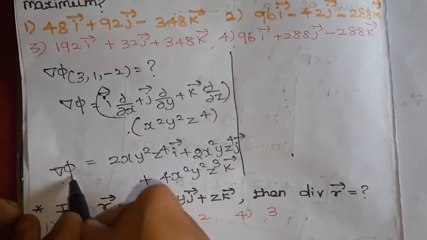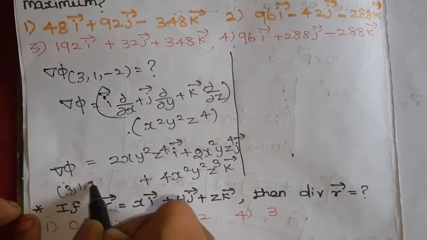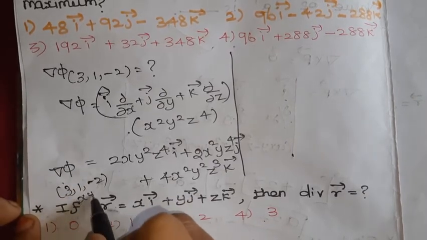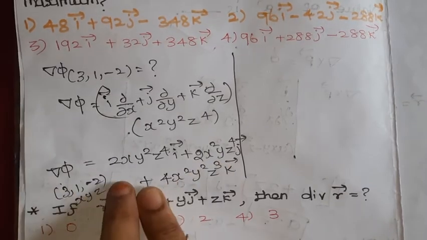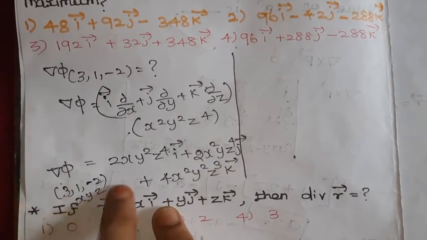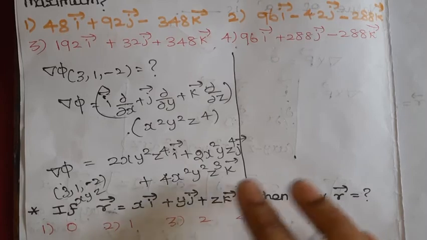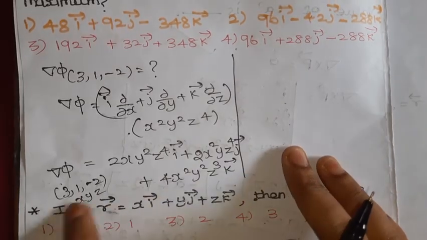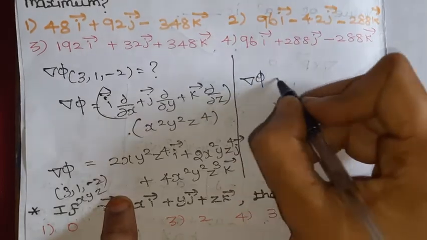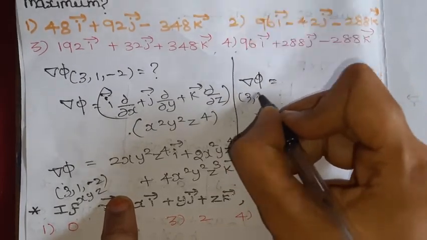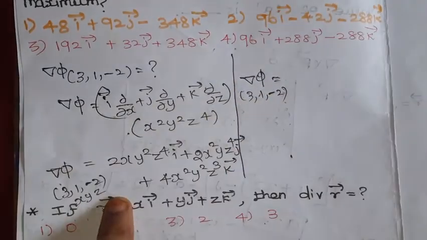This is del phi. The given point means x, y, z, so we substitute the x, y, z values and then find the maximum directional derivative of del phi at the given point (3, 1, -2).